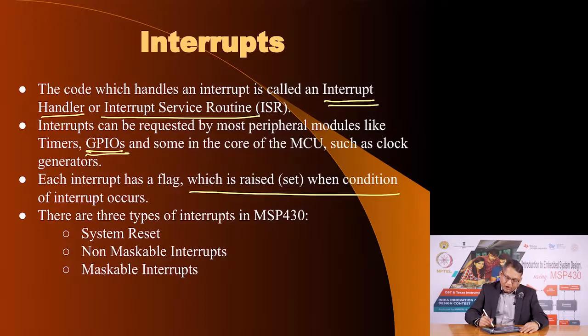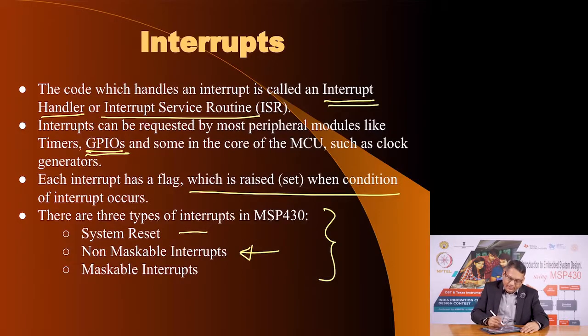Also, broadly on the MSP 430 there are three types of interrupts. One is a system reset, which we have discussed. Each time you generate a reset, for whatever may be the source of that reset, it is treated like an interrupt. Also, the reset pin is shared with the non-maskable interrupt.